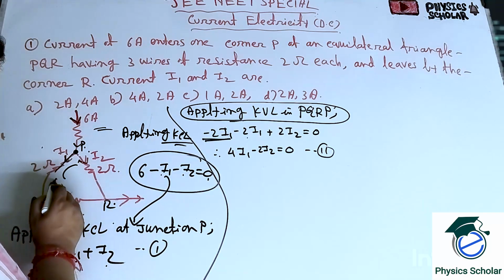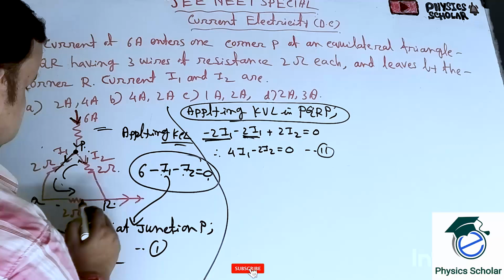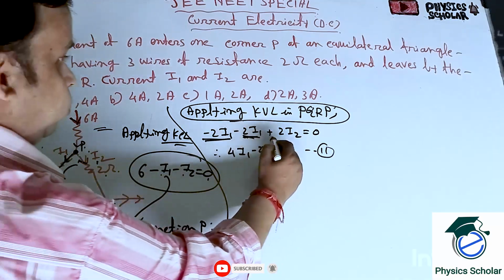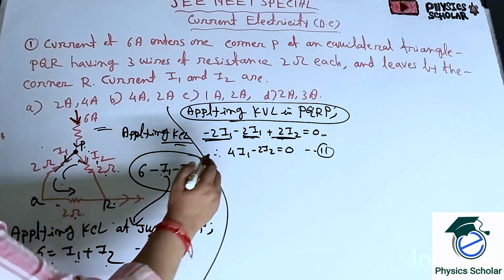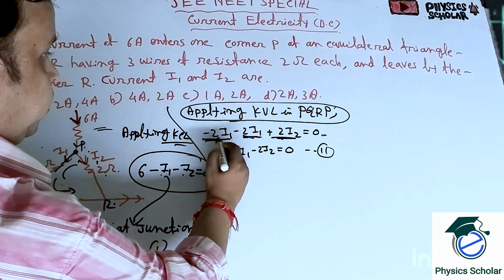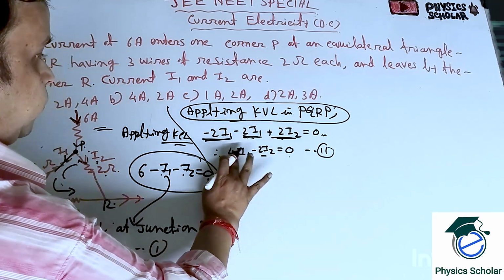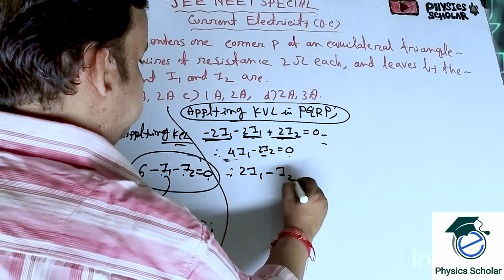Then here also I1 flows anti-clockwise, that's why minus 2 I1. Here it is flowing clockwise, that's why plus 2 I2 is equal to 0. You have understood why it is minus and why it is plus. So minus 2 I1 minus 2 I1 is minus 4 I1, minus 2 I2 is equal to 0. We can also write 2 I1 minus I2 is equal to 0.